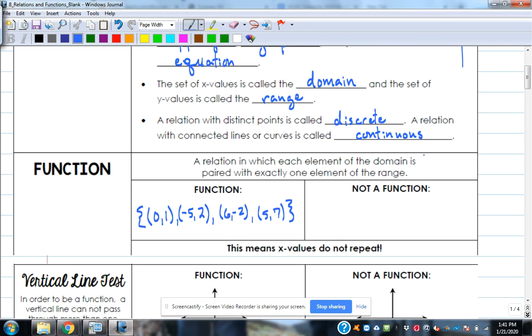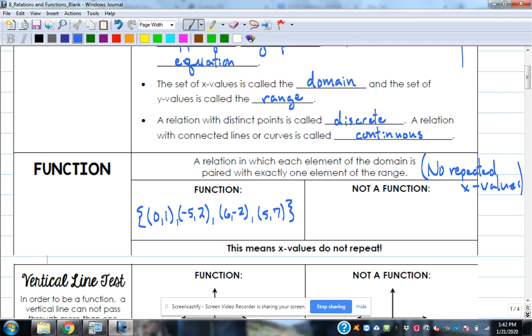That's what this statement is really saying: no repeated x values. So to be a function, you cannot repeat x values. That's the whole thing you need to remember about determining if something is a function or not. Do the x values repeat? If they do, then it's not a function.